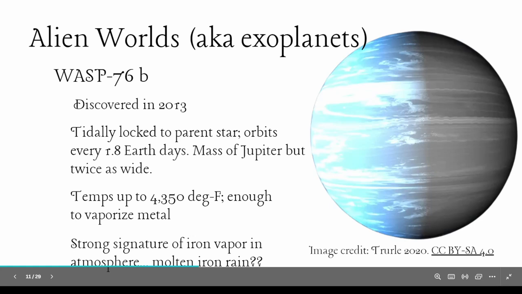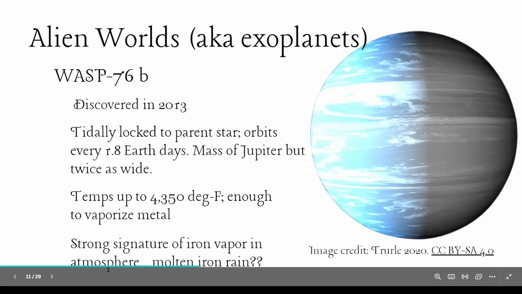Another one discovered in 2013 is WASP 76b. And this planet is about the size or the mass of Jupiter, but it's about twice as wide. So you can kind of think about twice as big as size, but the same mass of Jupiter. And it's tidally locked to its parent star. So one side of the planet will always face the star. And on that side that always faces the star, the temperatures get up to 4,350 degrees Fahrenheit, which is enough to vaporize metal.